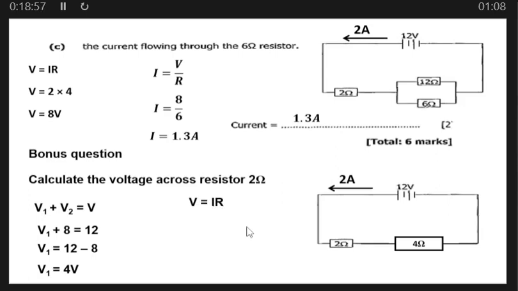We know the current flowing through this resistor is 2, and the resistor itself is 2. So voltage is equal to 2 times 2, which is 4 volts. You have seen that we solved this question using 2 formulas, and the answer is the same.